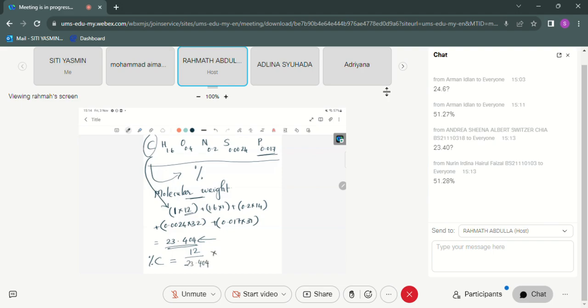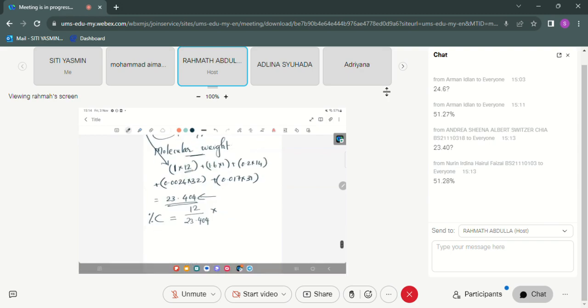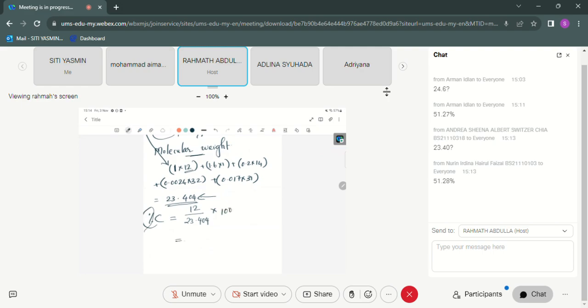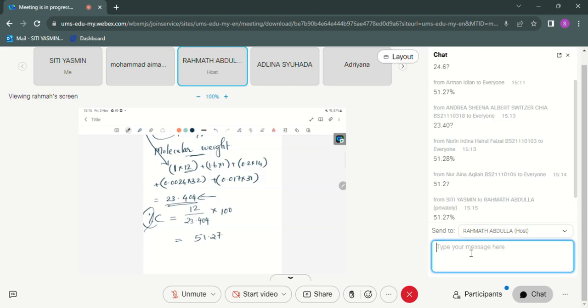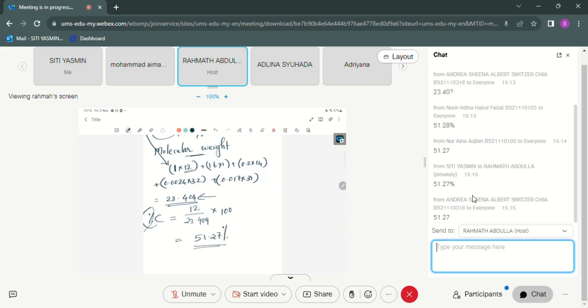And since we need the answer in percentage, we need to multiply by 100. So when you do this, how much do you get? 51.27. Yeah, correct. So this will be your final answer.